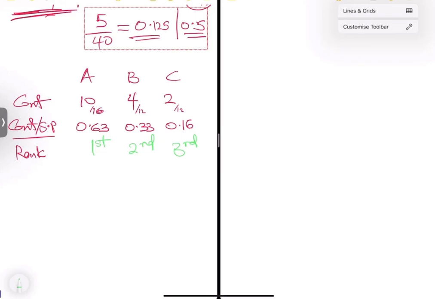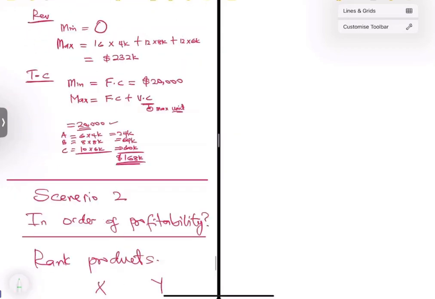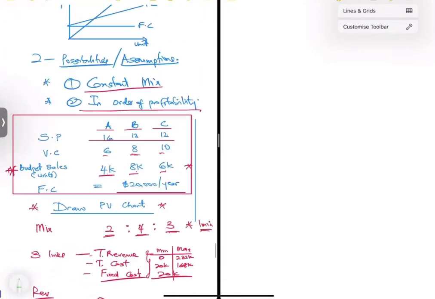Now it's going to be different, because for one line it's going to be 3 sections: a section for A, a section for B, and a section for C. Because we're going to sell 4,000 units of A before we sell 8,000 of B, before we sell 6,000 of C. So pay attention to this so you don't get confused.